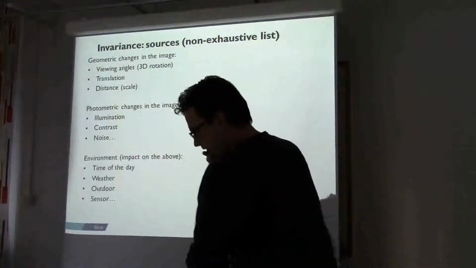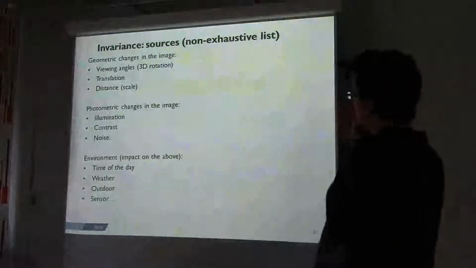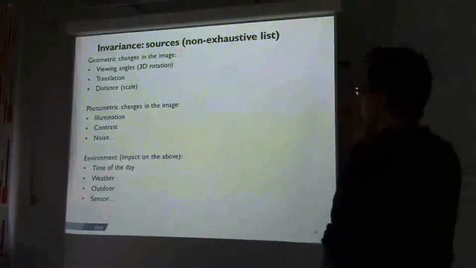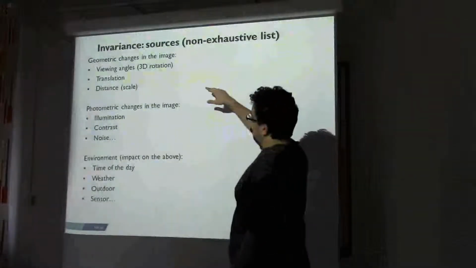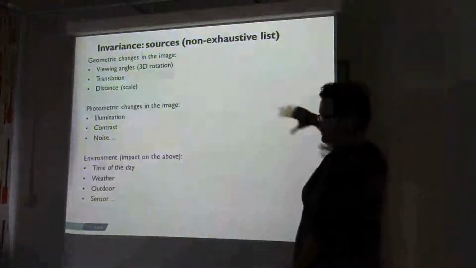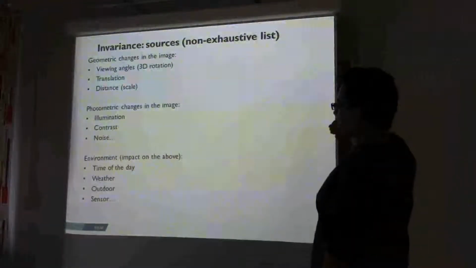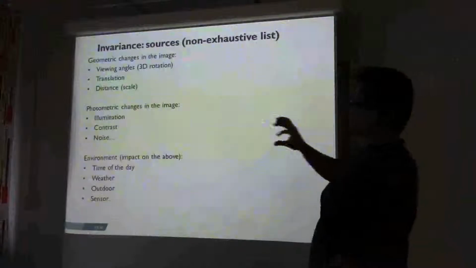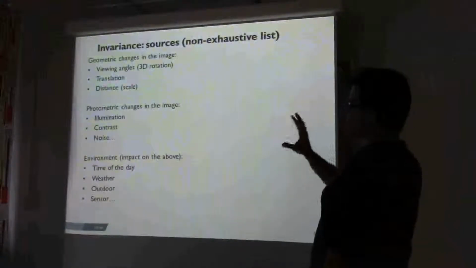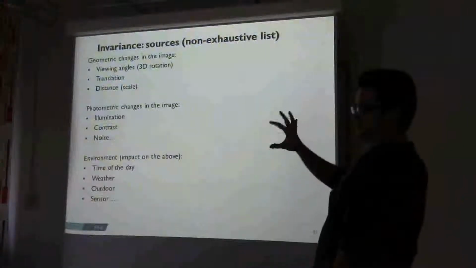So this is a non-exhaustive list of sources of variance, I should say, not invariance. We could have geometric changes in the image, depending on how it has been taken at different distances, or you have translation or 3D rotation.